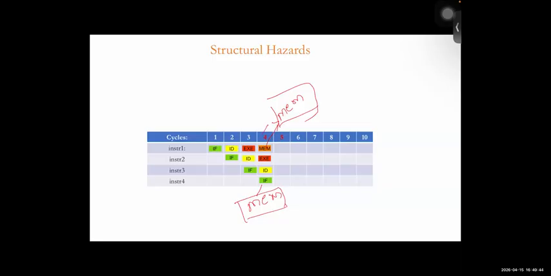So at the fourth cycle, two different instructions are trying to access the same memory unit. Then there will be a deadlock. Does that make sense? That's the reason I asked you to remember which components are used in different stages.